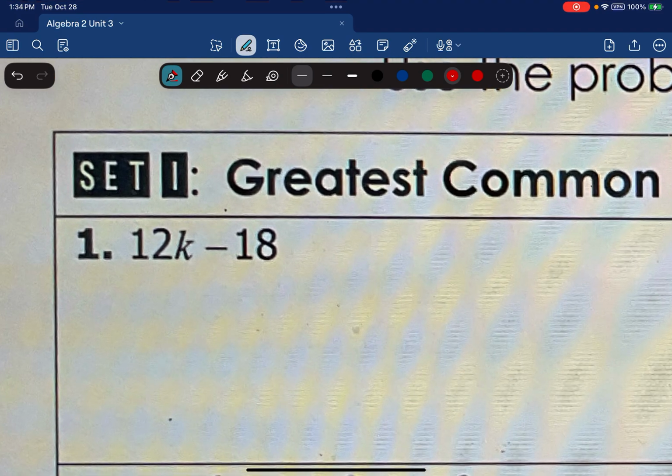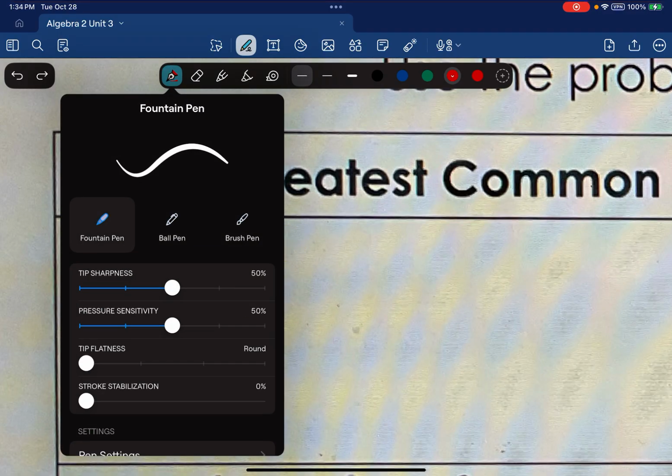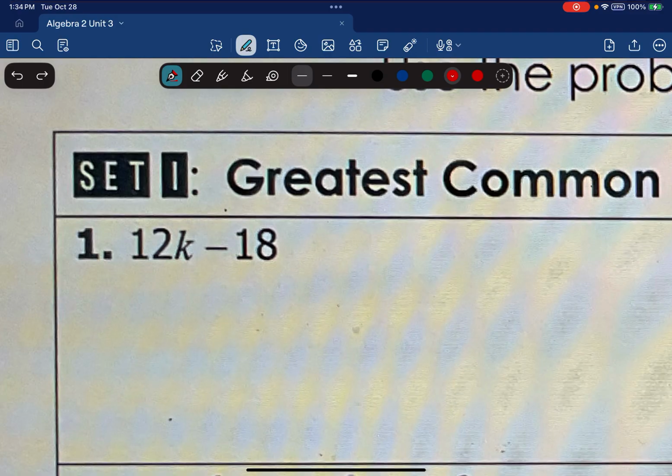In problem number 1, I have 2 terms. One term is 12k, the other term is negative 18. What I need to do is find the biggest possible number that I can factor out of this 12k minus 18. That's what I'm looking for. So the biggest number that I can factor out of these two would be 6.